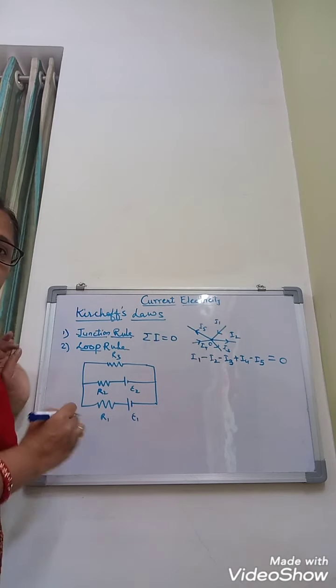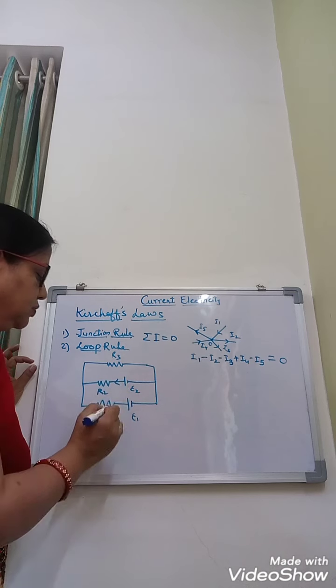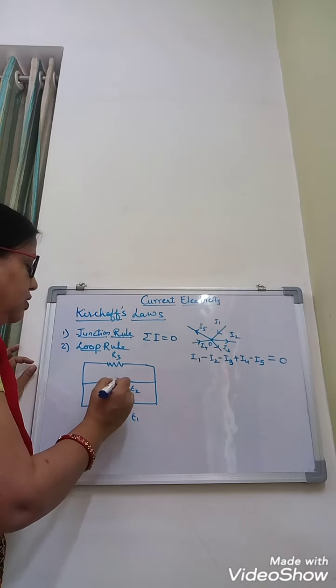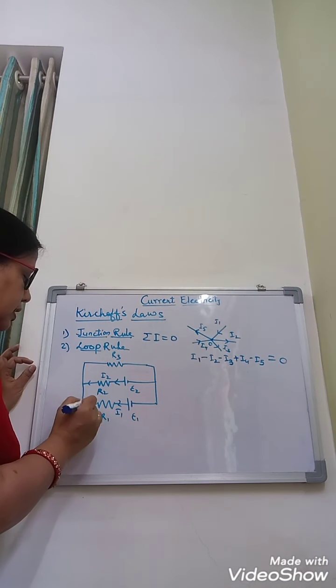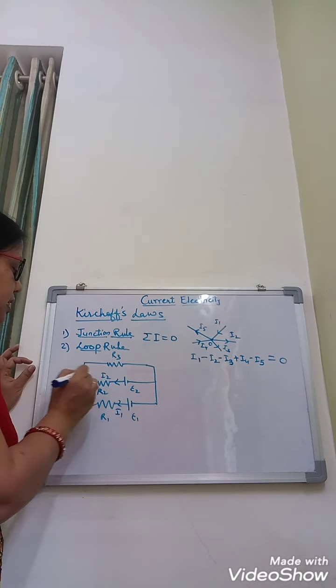Now the currents are not drawn here, so we have to draw the current from the positive terminal of the cell like this. From E1 let us draw the current I1, and from E2 let us draw the current I2. Here the currents are coming and meeting at this junction, and here they are going.